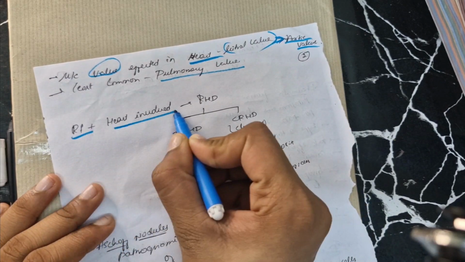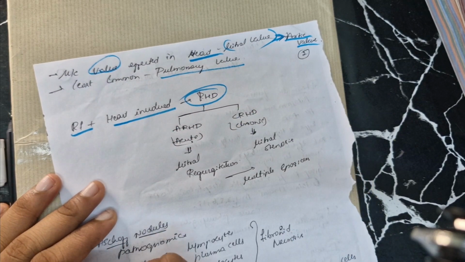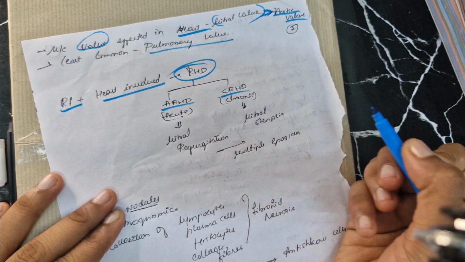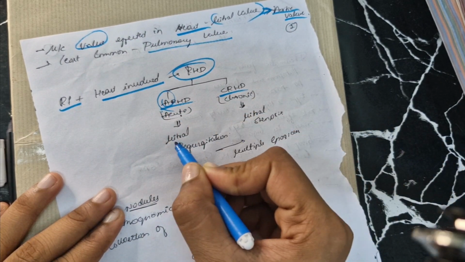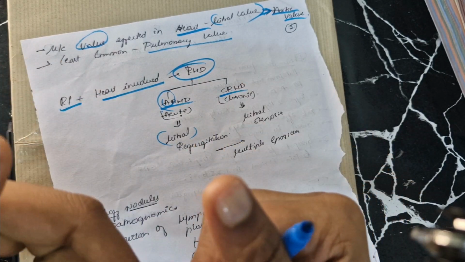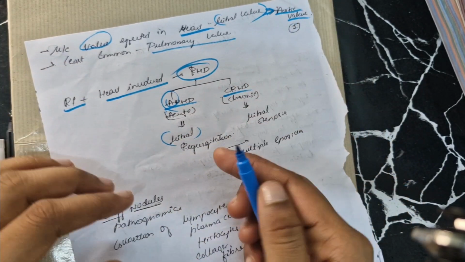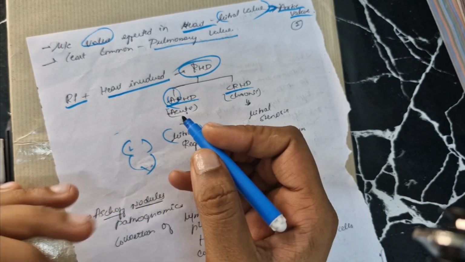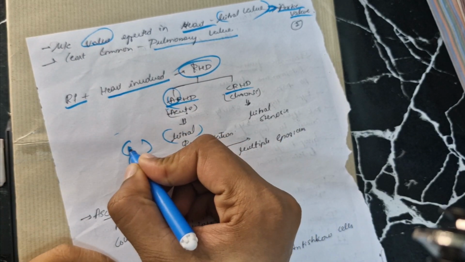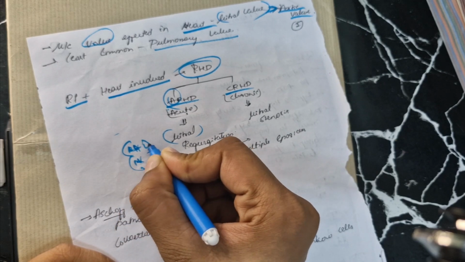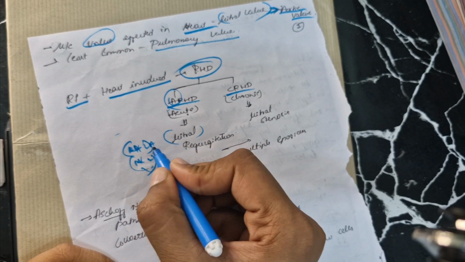When rheumatic fever involves the heart, we call it rheumatic heart disease. It may be acute or chronic. In acute rheumatic heart disease, there will be mitral valve involvement, so the mitral valve won't be competent and there will be regurgitation of blood. If you consider this as a heart, this is the right atrium, right ventricle, left atrium and left ventricle.